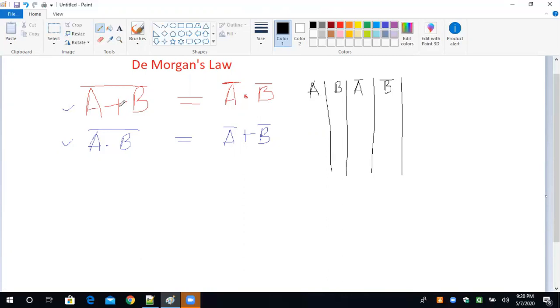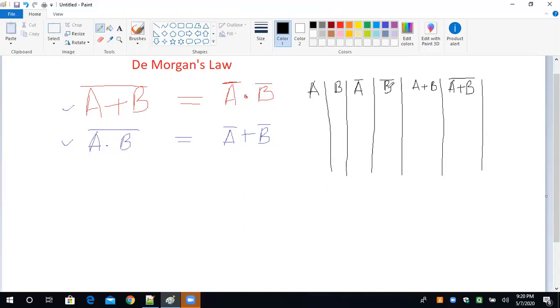So now A plus B whole complement. First of all, we have to write down A plus B. Then after that, we can write down A plus B whole bar. Then the LHS will be completed. Our LHS will be completed. Now what about the RHS? A bar dot B bar.